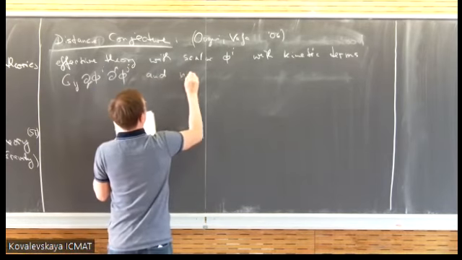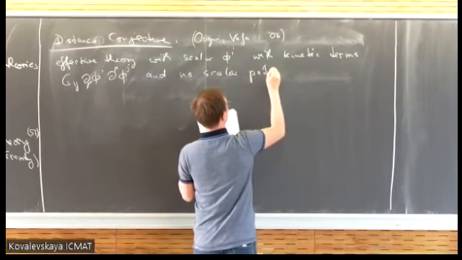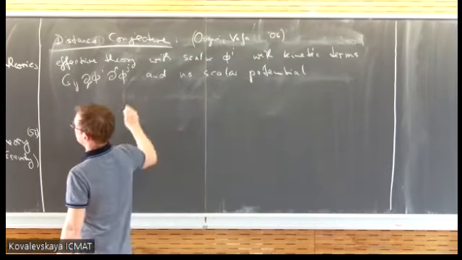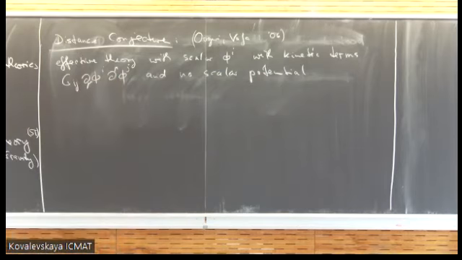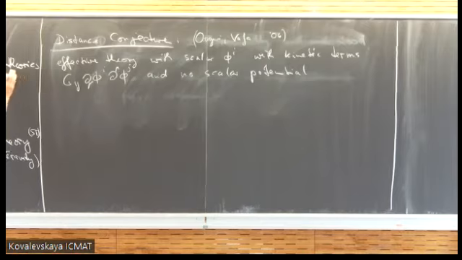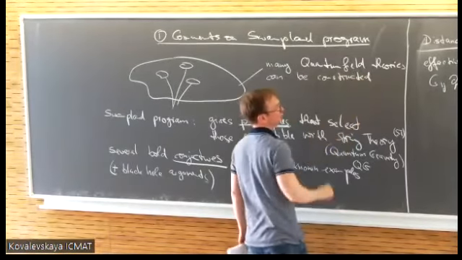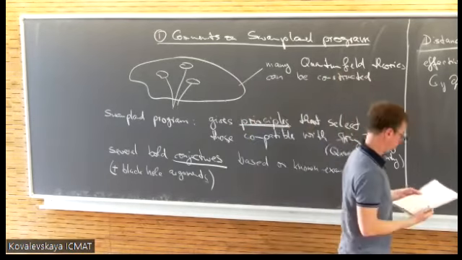And no scalar potential. So what is this statement saying? Well, essentially, it's setting up the properties of one of these quantum field theories, which I want to discuss. So you have to imagine that this specifies a property of the model which I'm discussing.